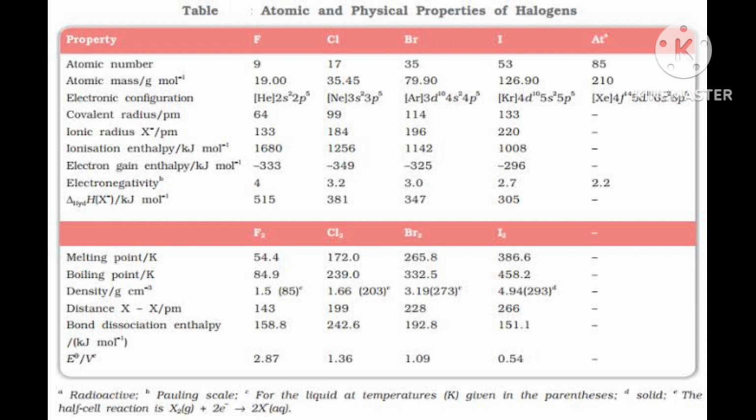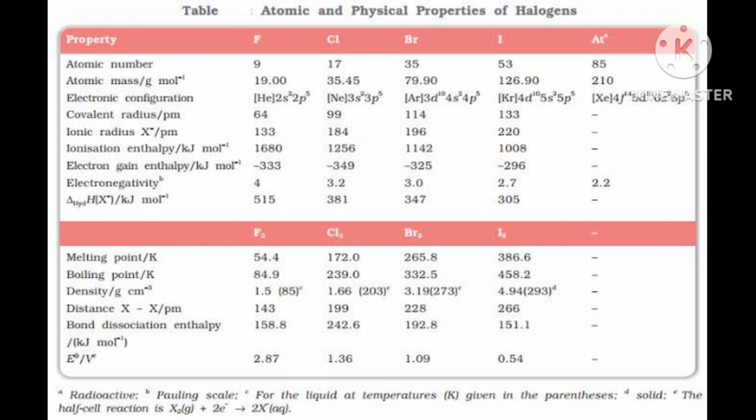Why is it like this? A reason for this anomaly is the relatively large electron repulsion among the lone pairs in F2 molecules, where they are much closer to each other than in the case of Cl2.